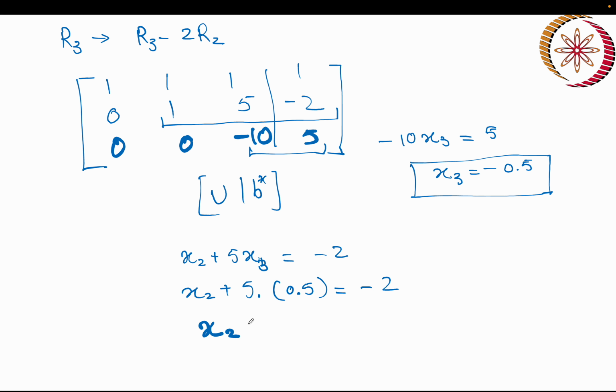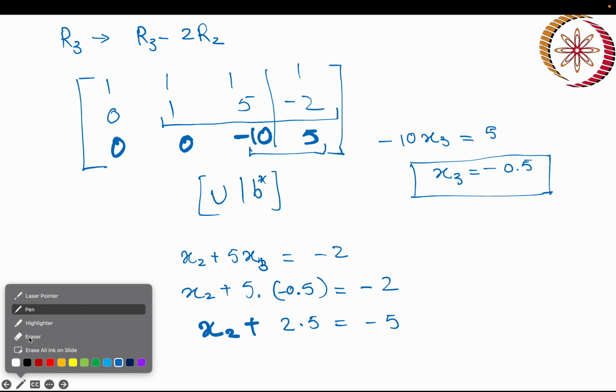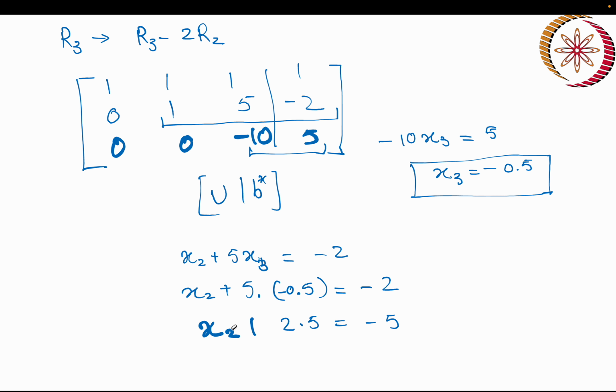So x2 is equal to plus 2.5 minus 2, which is 0.5. Okay, so we got x2 also.